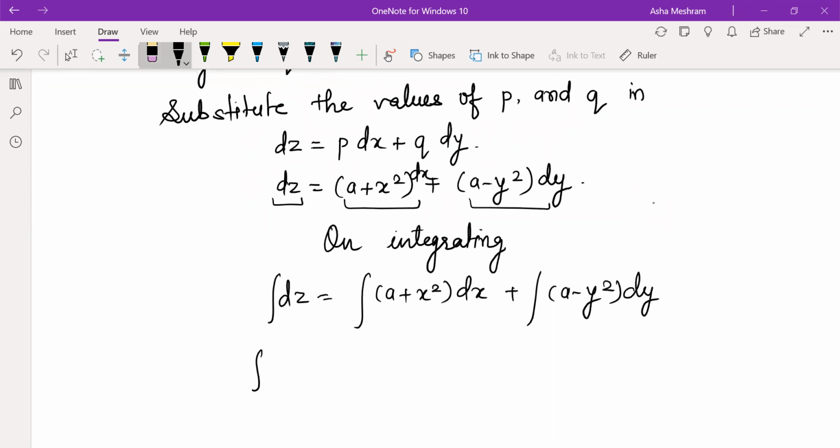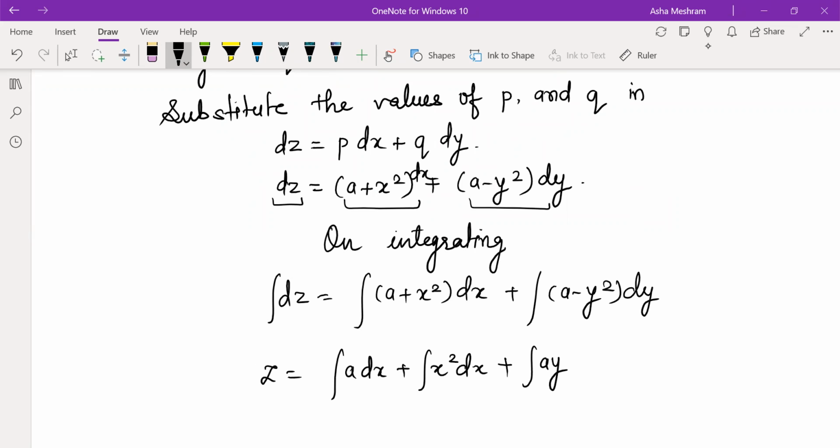Integration of dz is z. This can be written as integration of a dx plus integration of x square dx plus integration of a dy.